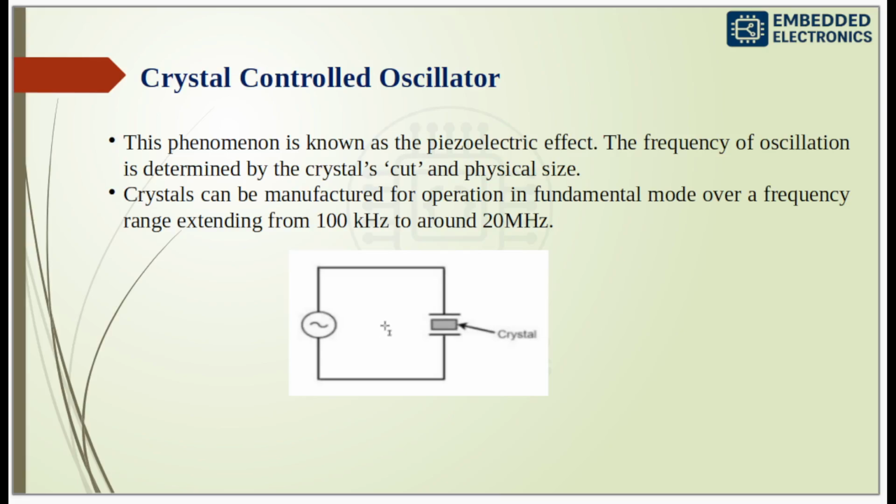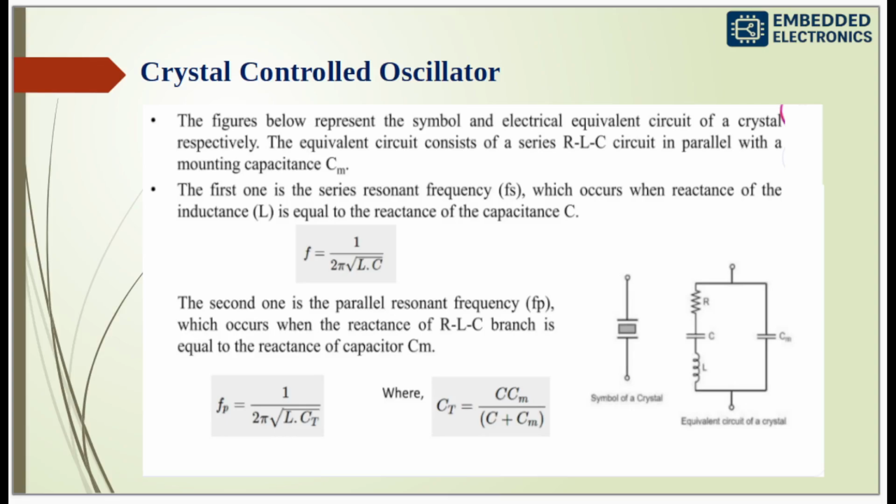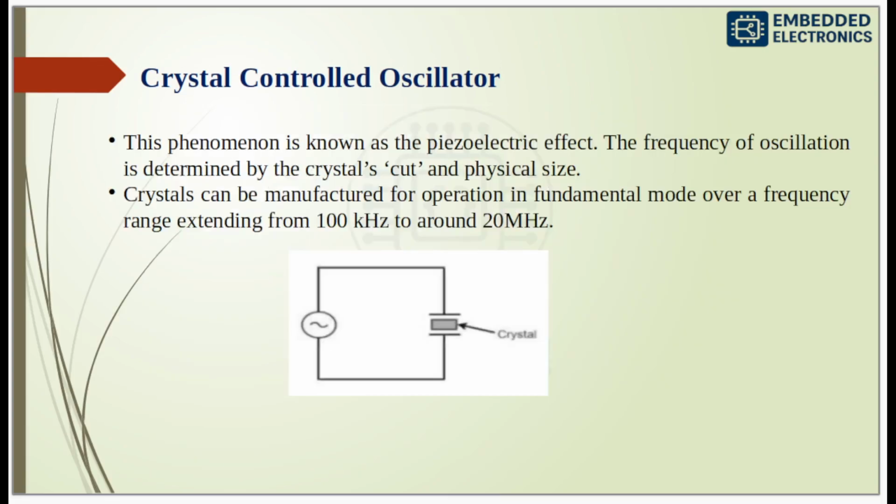The quartz crystal vibrates whenever a potential difference is applied across its faces. This phenomenon is known as the piezoelectric effect. The frequency of oscillation is determined by the crystal's cut and physical size.